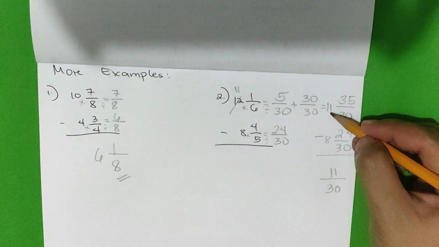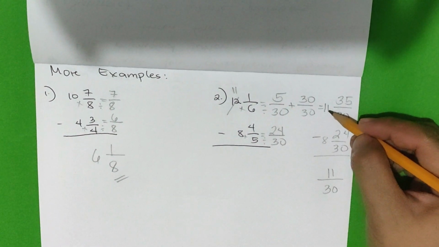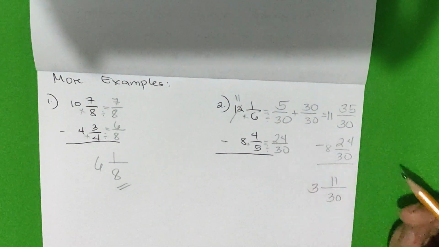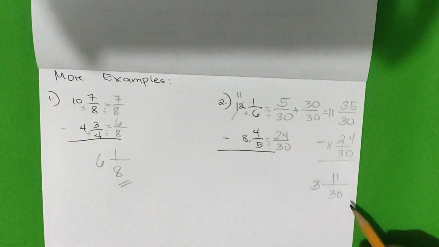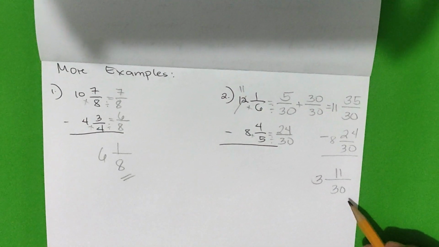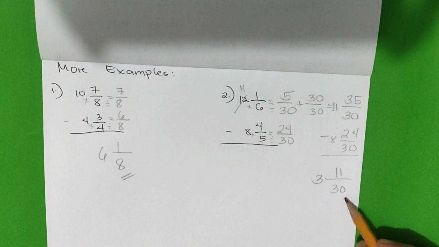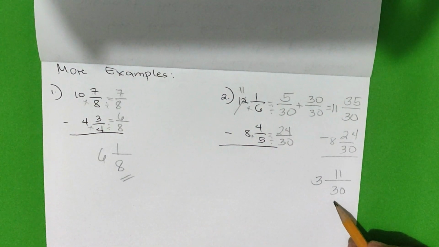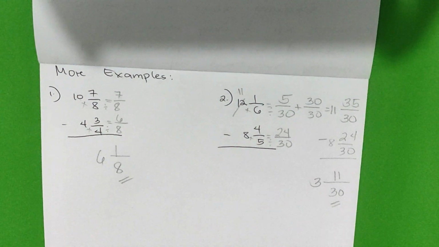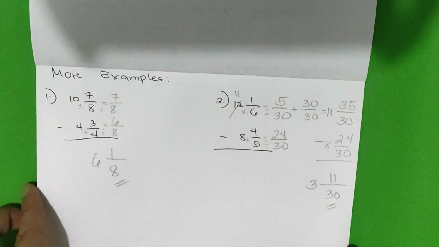And let's subtract our whole numbers. 11 minus 8 is equal to 3. Don't forget to reduce the difference into lowest terms whenever possible. However, since our difference is already at its lowest term, no need to do that. So the final answer is 3 and 11/30.